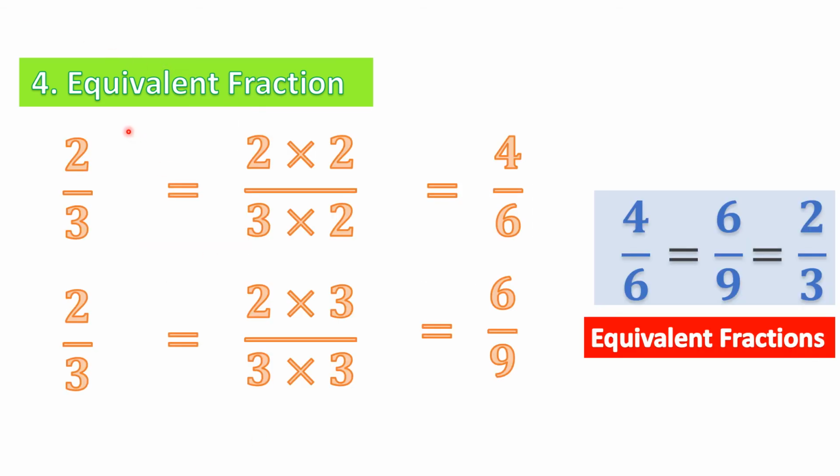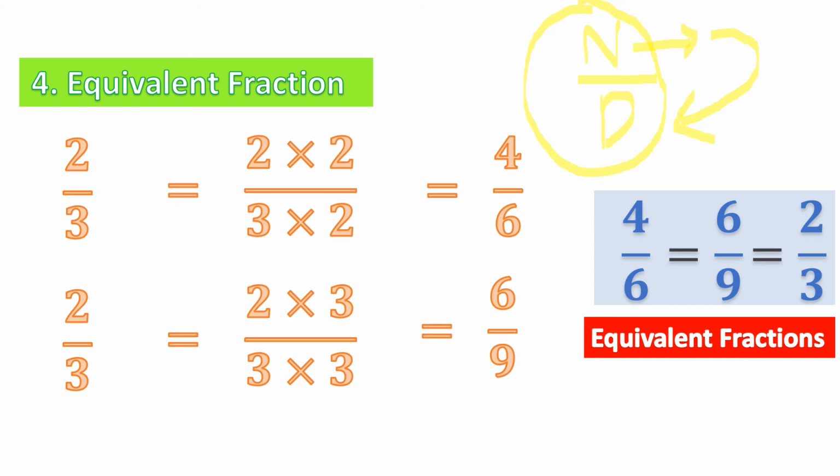Now look at this fraction 2 by 3. It is a fraction, right? One thing you need to understand before we start is that whenever you have a fraction, with a numerator and a denominator, whatever you do to the numerator, you have to do to the denominator also.